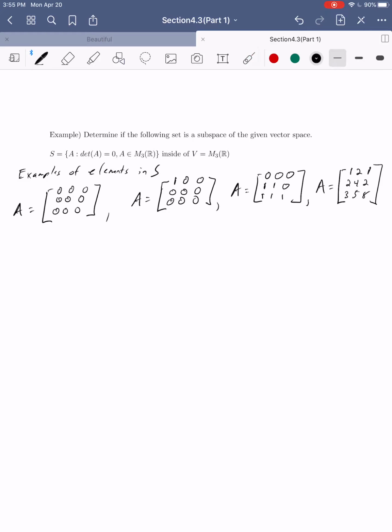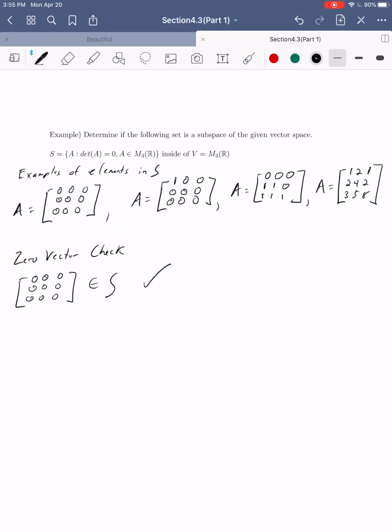All right, so let's do our zero vector check real quick. What's the zero vector in the space of matrices? It's just the zero matrix, and we just showed that that's there. So the zero matrix, 0, 0, 0, 0, 0, 0, 0, 0, 0, is going to be an element of S. So what does that tell us? Well, nothing.